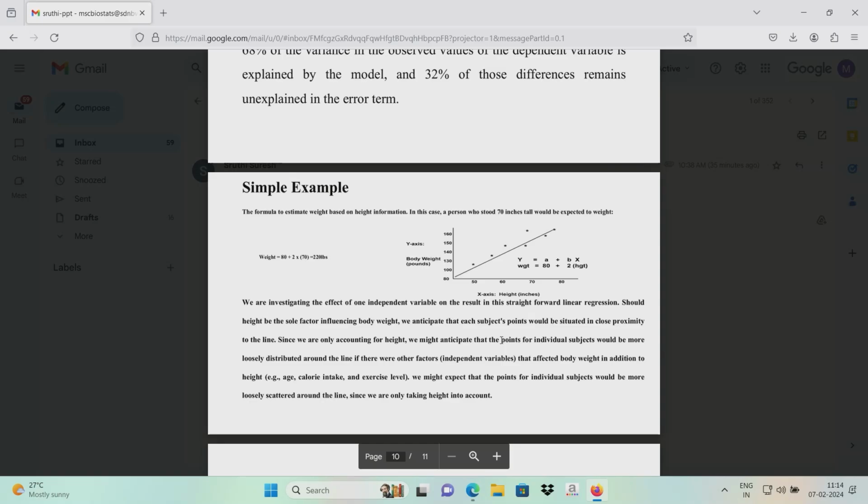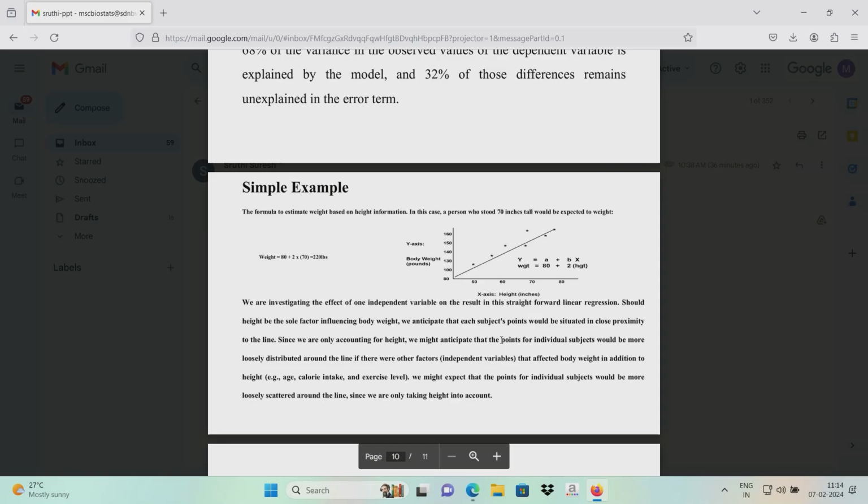Since we are only accounting for height, if there were other factors or independent variables that affected body weight in addition to height, such as age, calorie intake, exercise level, resting level, food, etc., we might expect that the points for individual subjects would be more loosely scattered around the line.